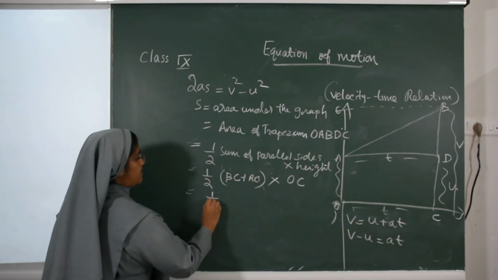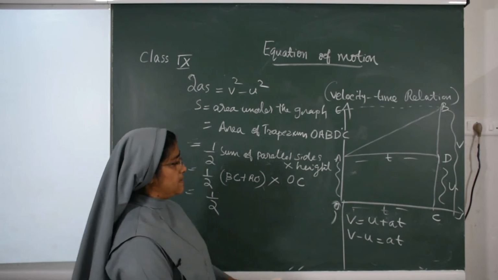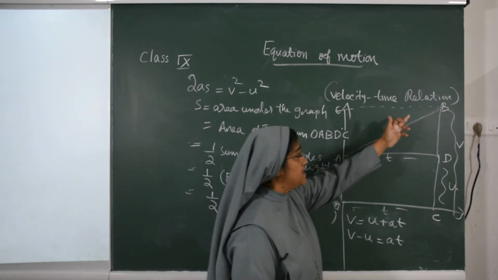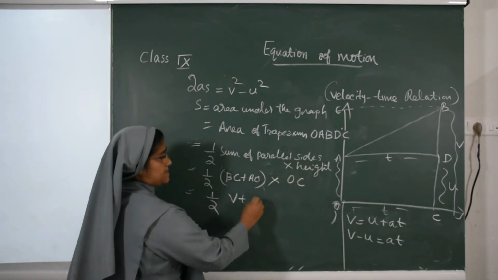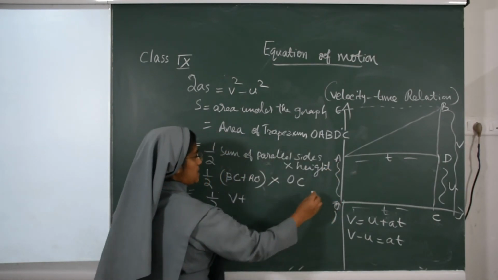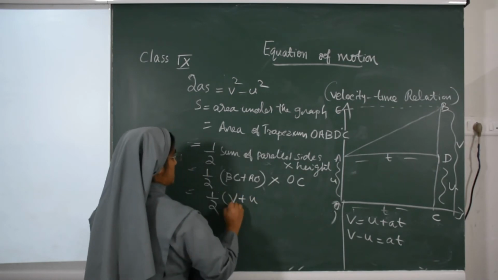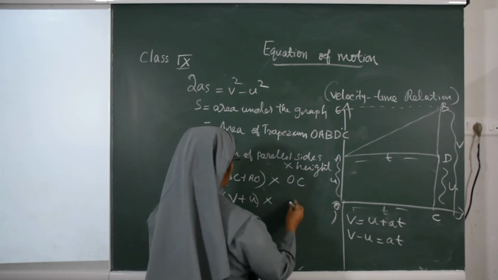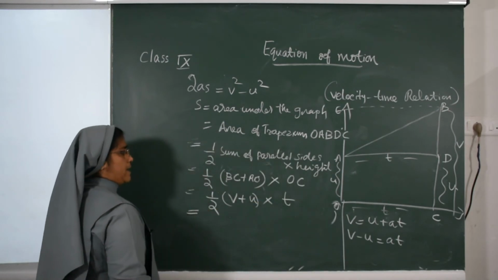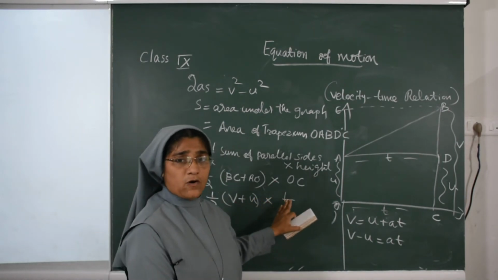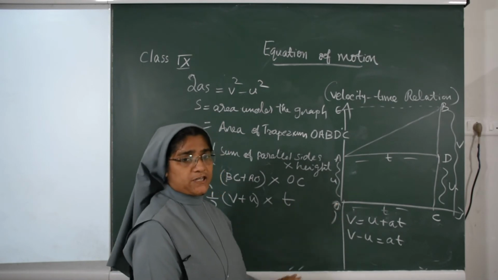So half into BC plus AO. What is BC? Final velocity V. And AO is the initial velocity U, into OC. What is OC? That is T.